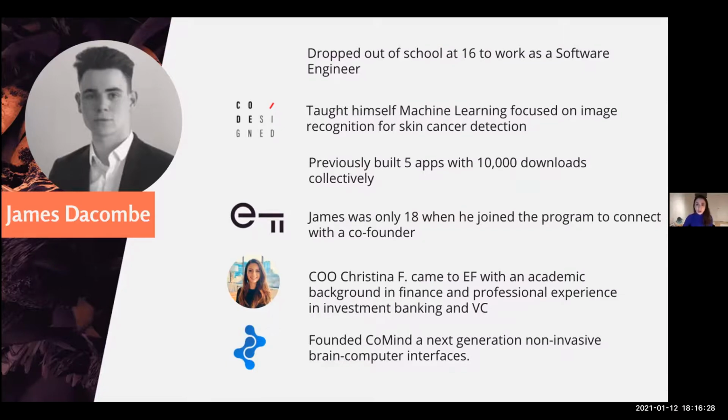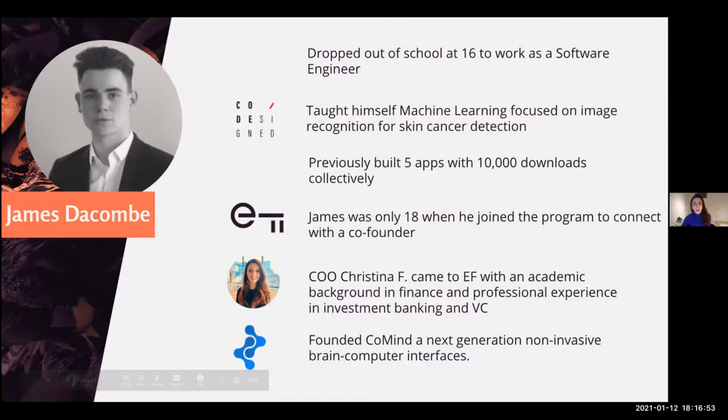So James's co-founder and the COO of CoMind is named Christina Francescides. She came to EF with an academic background in management and finance and professional experience in investment banking and venture capital.